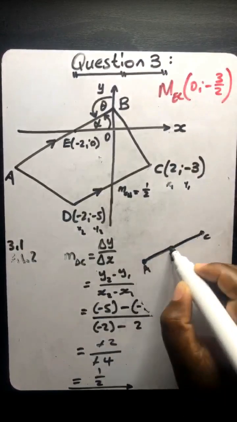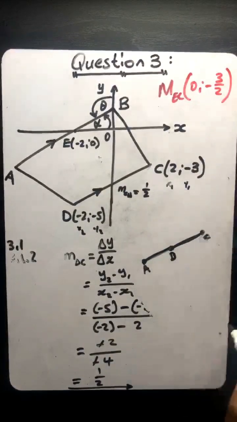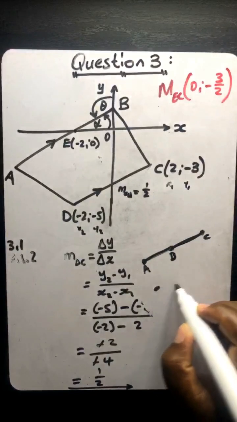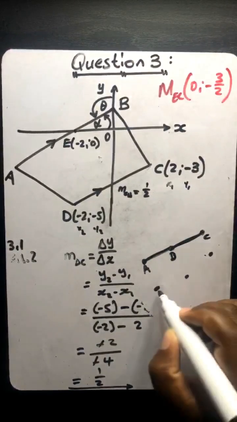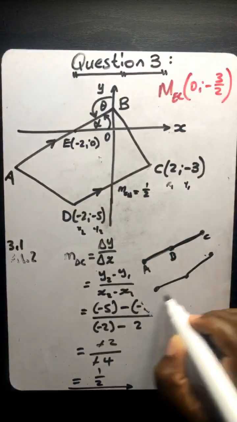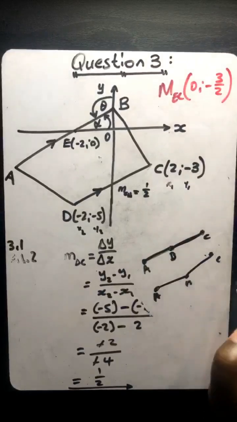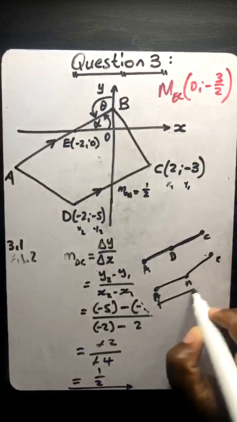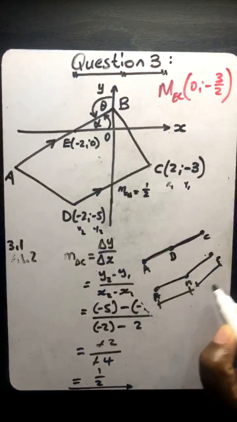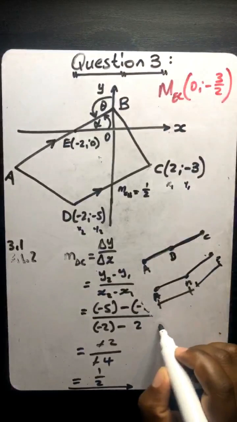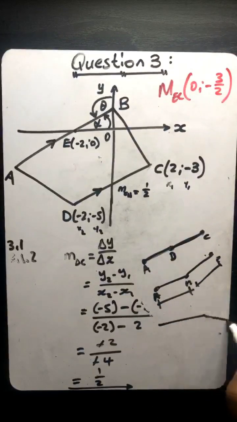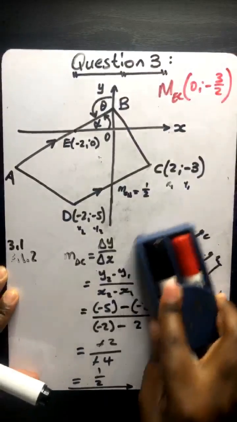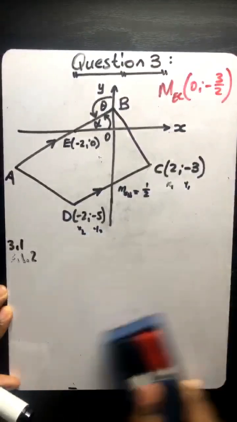From there to there, you can just extend it to C. But the moment you start having a line which does something similar, let's say that this is A, this is B, and this is C. If you want to check if this is collinear, calculate the gradient of that and also the gradient of that. If you don't get the same gradient, it means this line might be sloping in that direction and this one may be slightly down or slightly in that direction, meaning they are not collinear lines. So always remember that under analytical geometry.